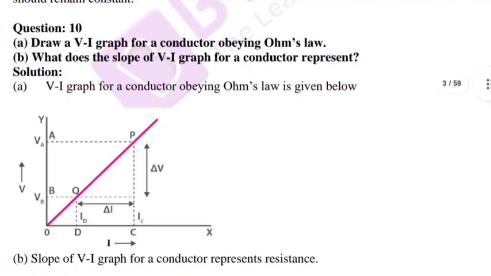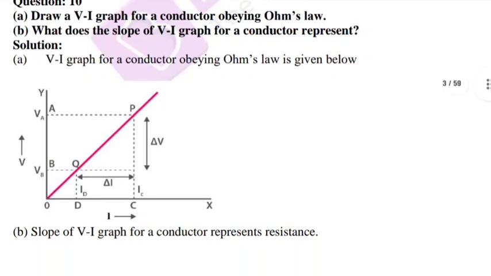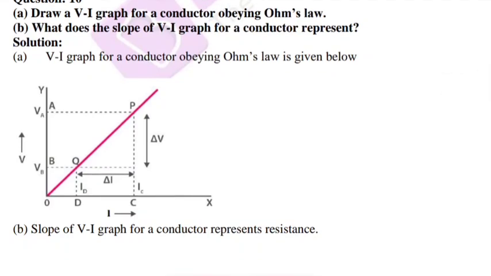Now question number 10: draw the V-I graph for a conductor that obeys Ohm's law. We will make the graph with a y-axis and an x-axis, and we will put the potential difference on the y-axis and the current on the x-axis.